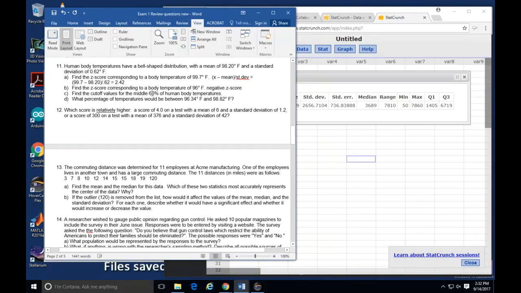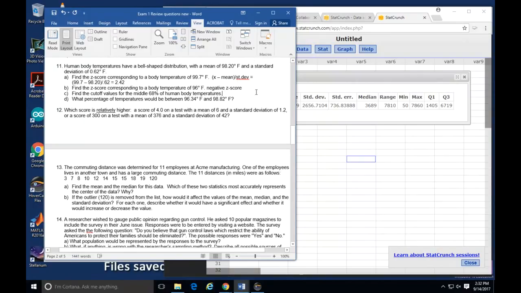Okay, then on part C, we're talking about the empirical rule. Remember that had the values for the middle 68%, the middle 95%, and the middle 99.7%. That depended on how many standard deviations above and below the mean you were. If it's the middle 68%, that means you're going one standard deviation below the mean and one standard deviation above the mean.